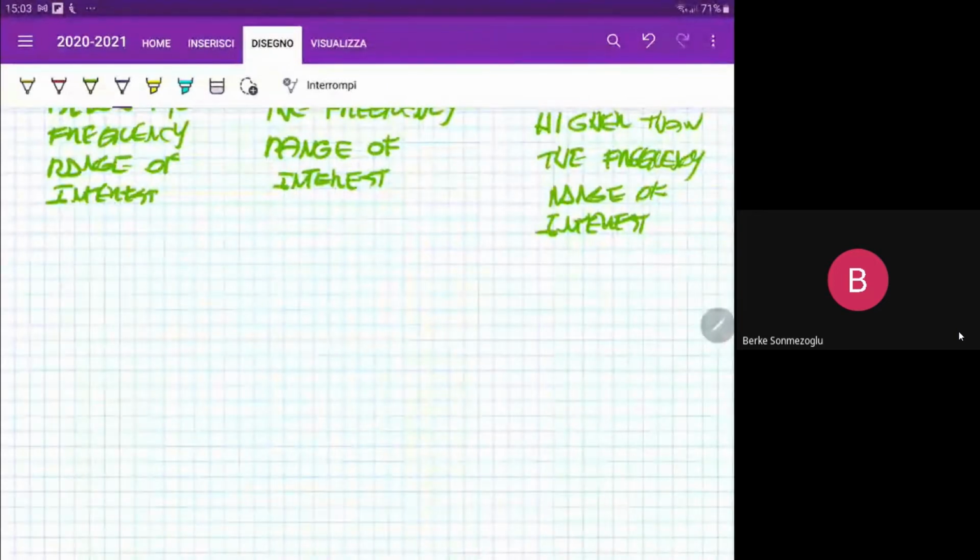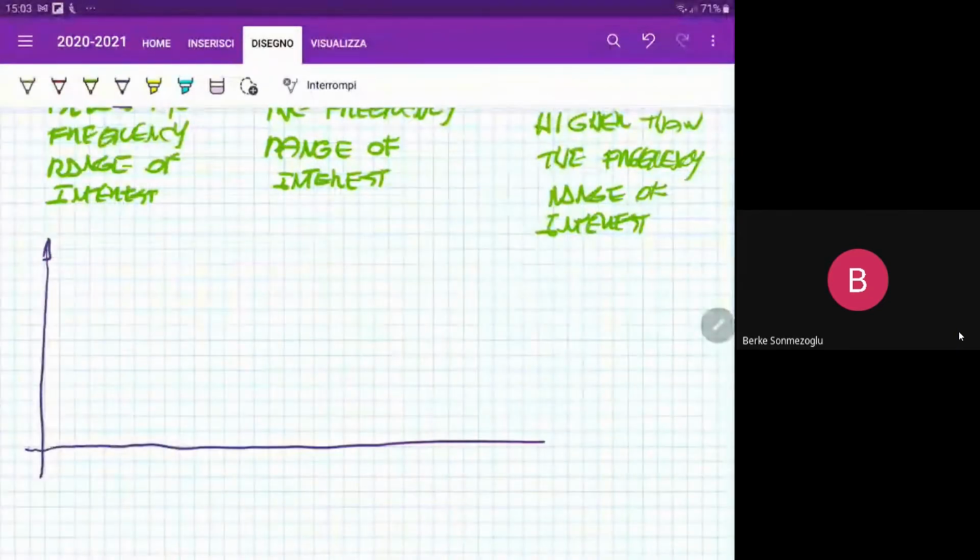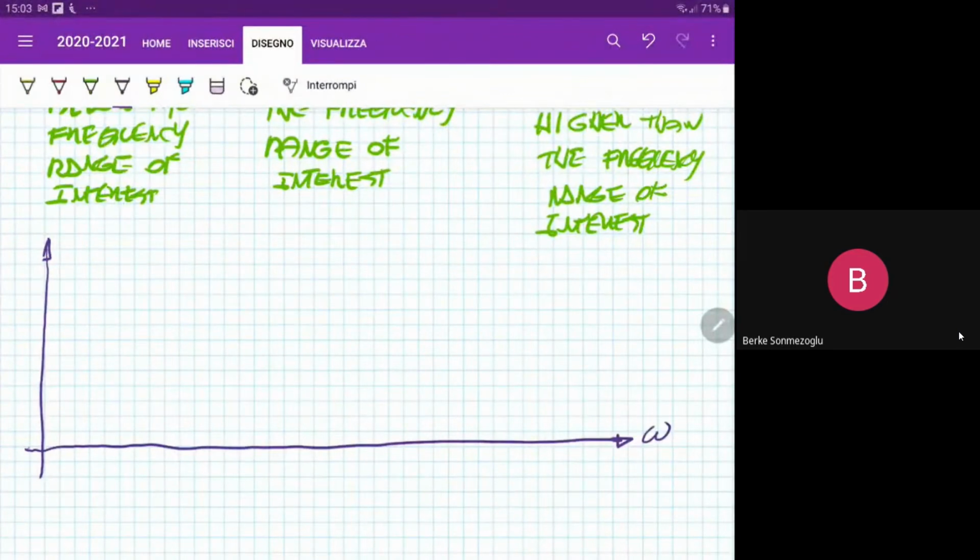So let me write this whatever frequency response function. I'm considering the amplitude of your whatever frequency response function, which could be written like this.